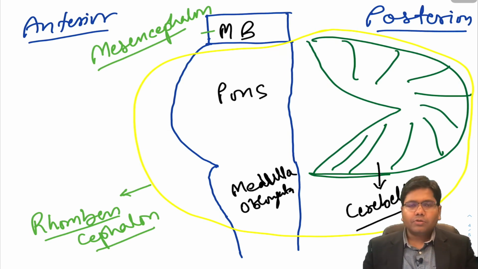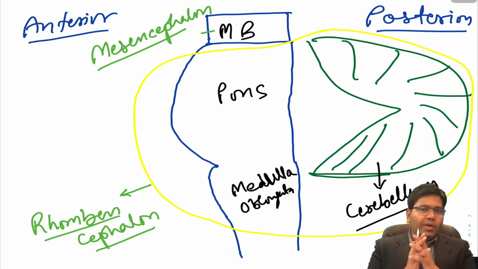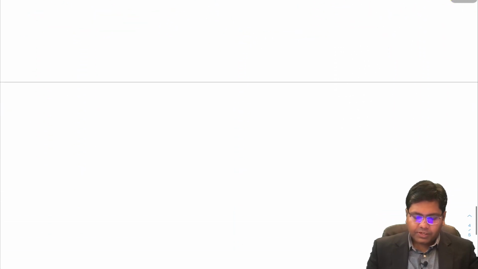And now what I am going to tell you is the structure of the brain, that is your forebrain, prosencephalon. When we talk about the brain, we need to understand it in at least 3 patterns. First of all, we will see the lateral view.